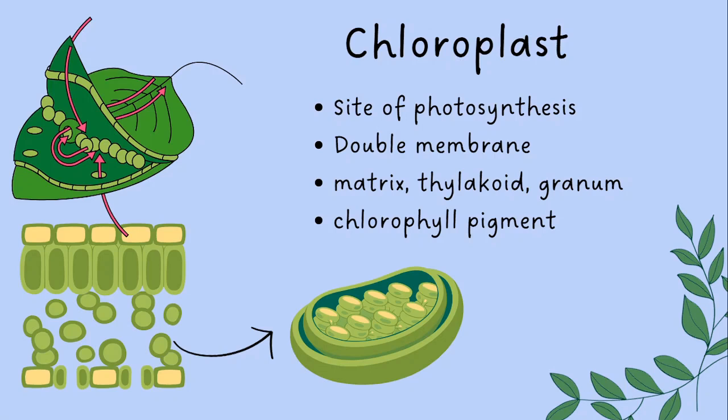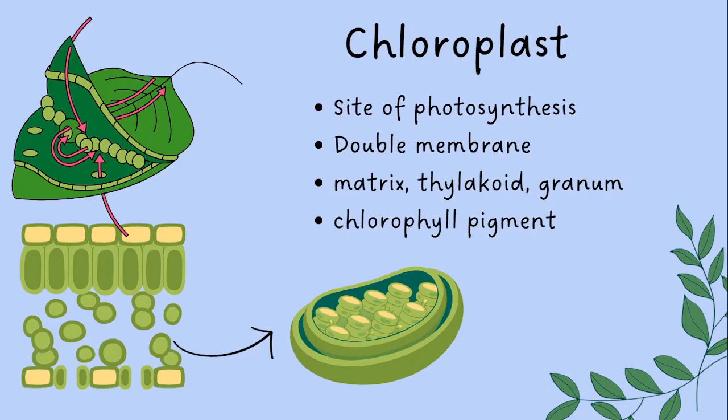Then it has stacks of coin-like structures called thylakoids, and one entire stack is called a granum. Okay, and lamellae are the structures which connect the grana. Then the chlorophyll, the green pigment, is located in the chloroplast, and chloroplast is located in the mesophyll cells.